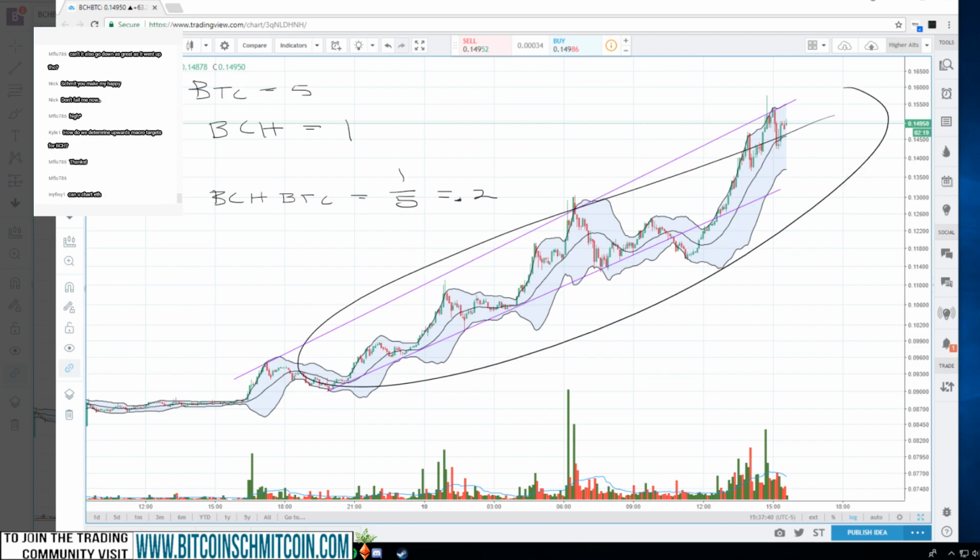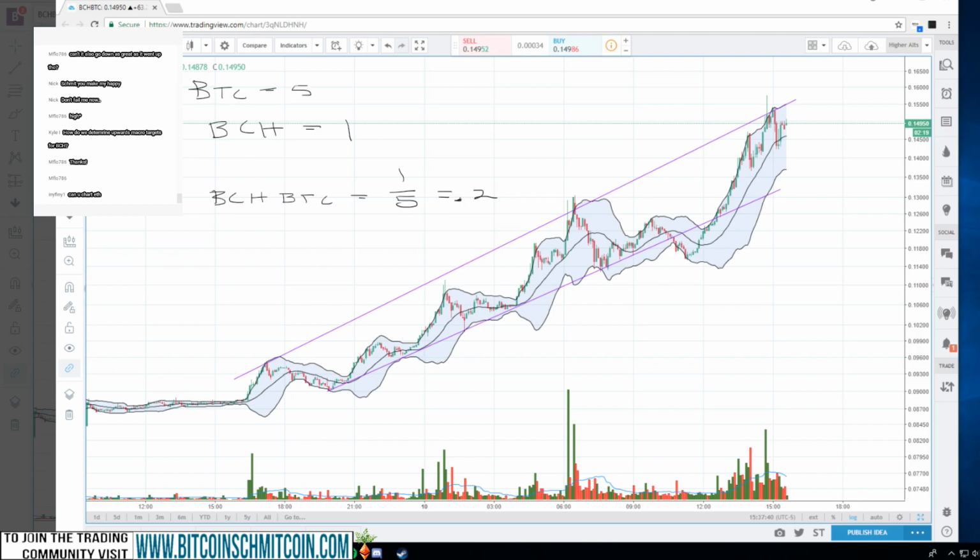So that's all this is. This is just a measure of Bitcoin to Bitcoin Cash dominance in the market. And you can see here very clearly that the Bitcoin Cash dominance is going upward. Simultaneously, the rest of the market is going to dog shit right now. So Bitcoin Cash is looking very, very strong right now.